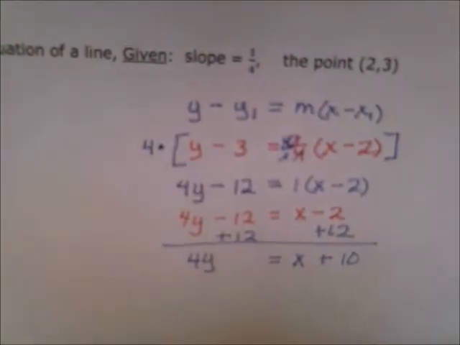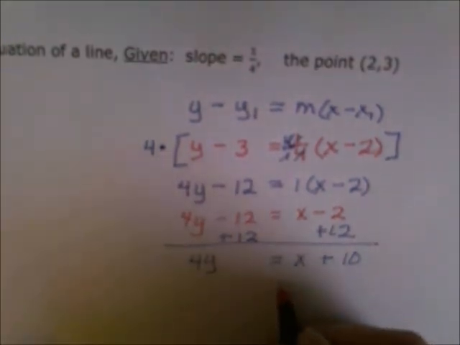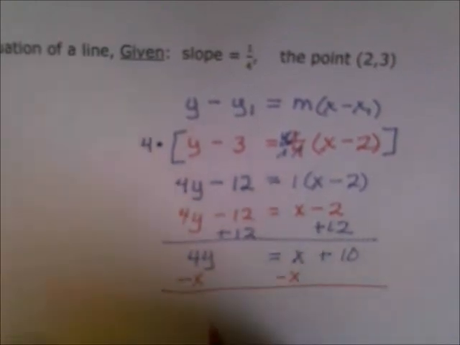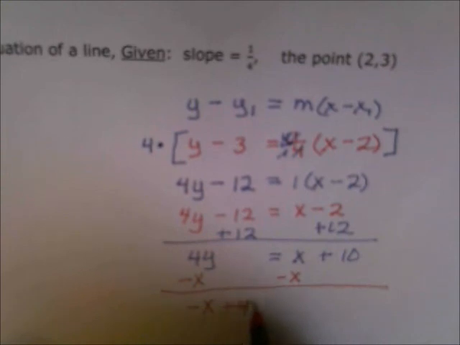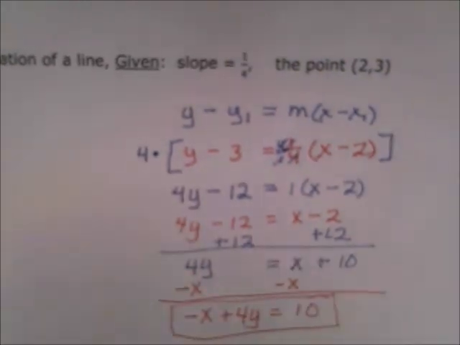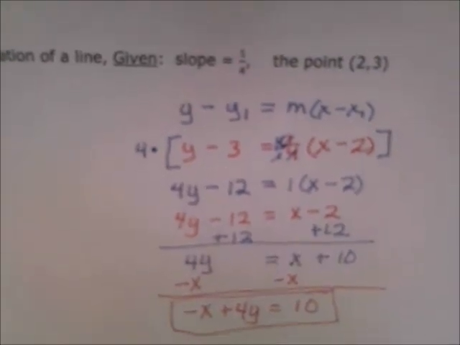And then if we look at that and we think, well, we could write this equation in standard form, all we're going to need to do is subtract that x on both sides. And we'll get minus x plus 4y is equal to 10. And there is our equation in standard form.